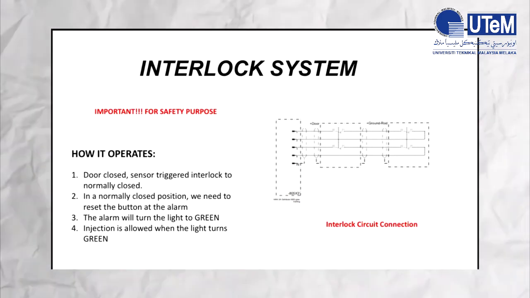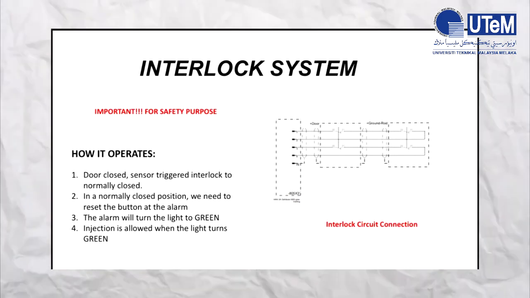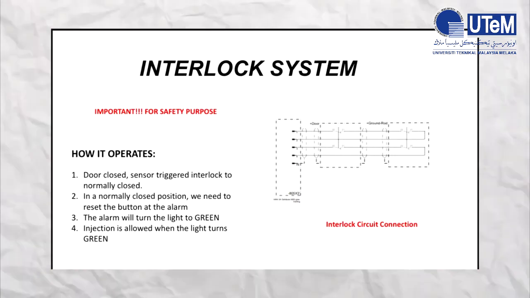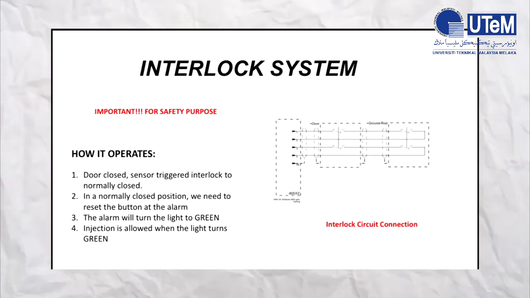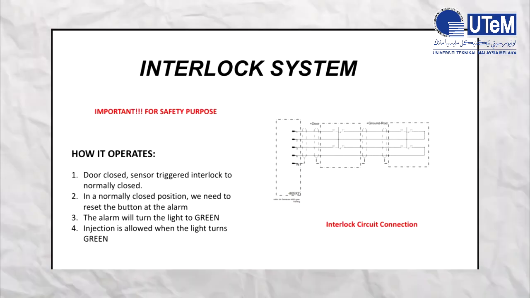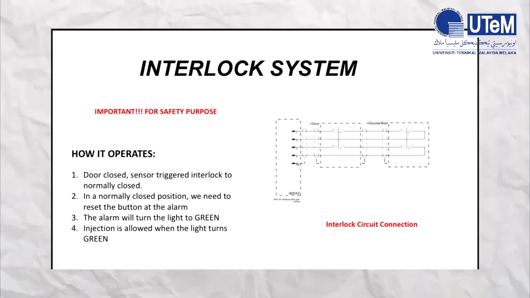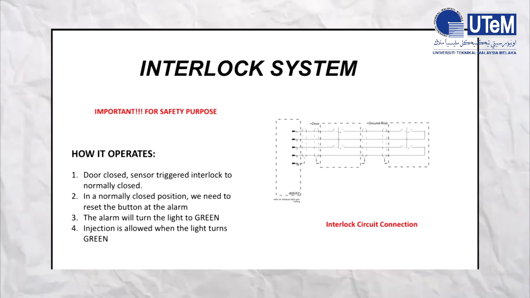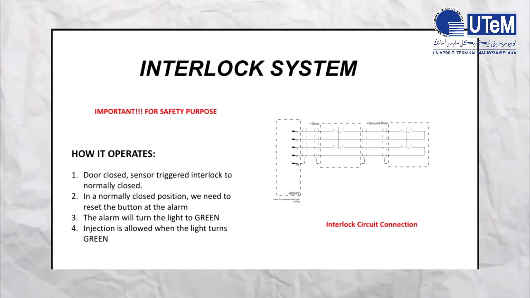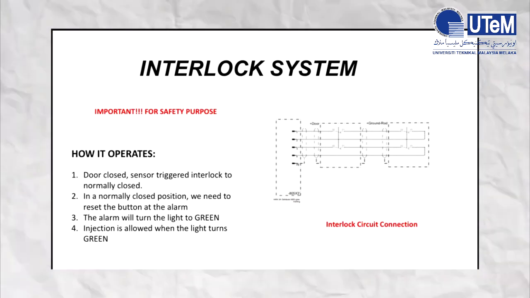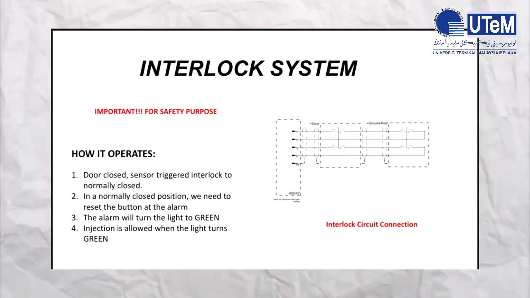It is connected to a regulator and alarm, and it is called a double security. Basically, the interlock operates when the door closes, which triggers the normally closed contactor. When they are in the normally closed condition, we are required to reset the button on the alarm, and injection is allowed once the light turns green.